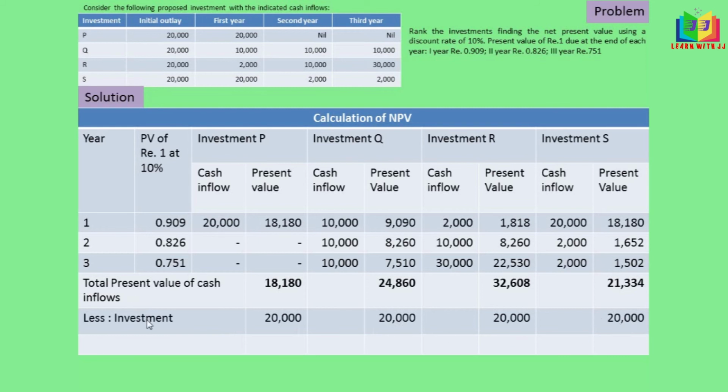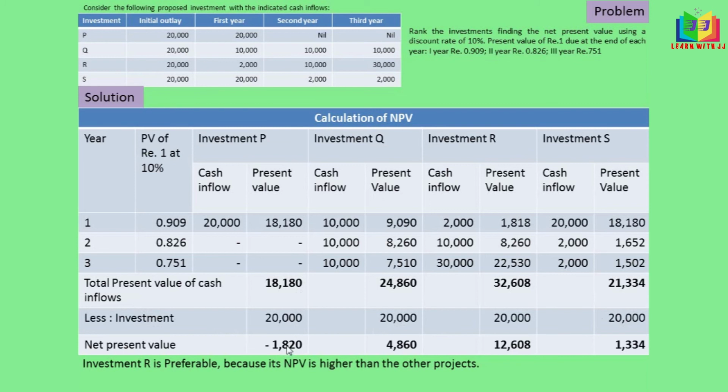Now we subtract this to get the net present value. For P we get negative 1,820, for Q it is 4,860, for R it is 12,608, and for S it is 1,334.